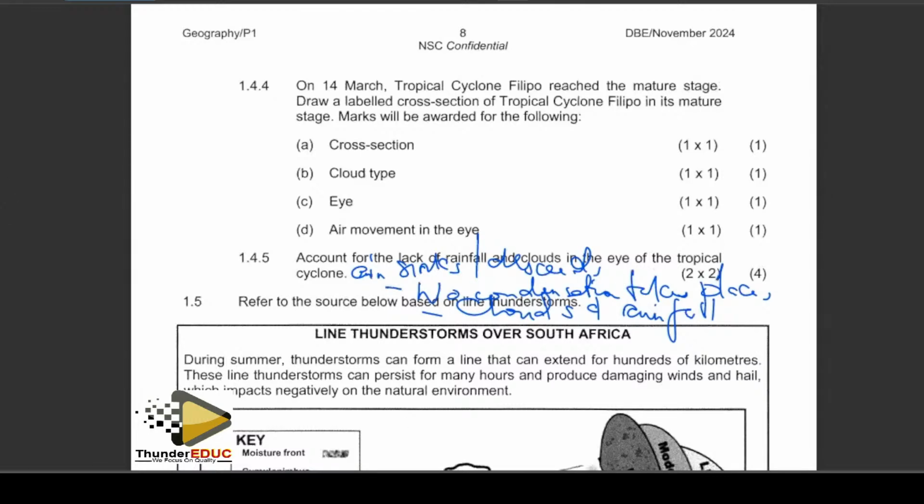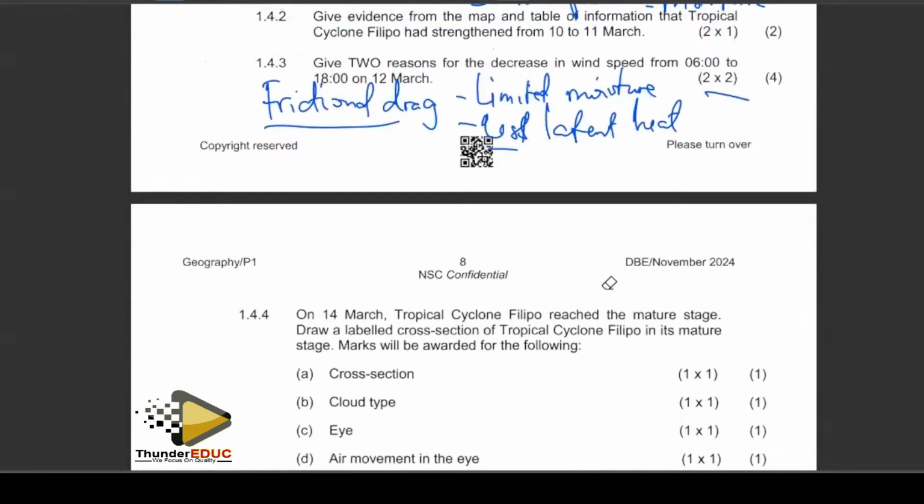Right, let's move on to our last question on climate and weather. Our question is based on line thunderstorms over South Africa. I think we've briefly discussed that when we were looking at the anticyclones affecting the weather of South Africa. This is what we call a traveling disturbance, typical traveling disturbance weather systems, which are typical of summer conditions.